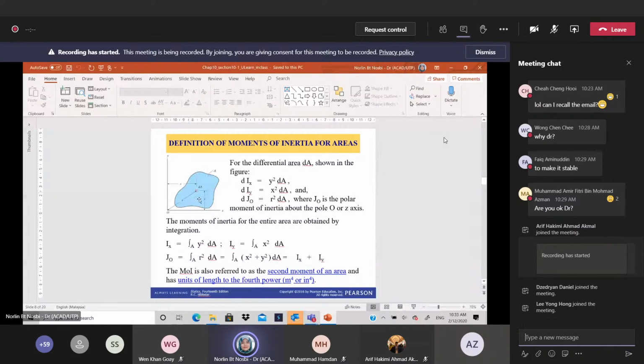You will get r squared, so the moment of inertia for the z-axis also equals Ix plus Iy. Don't forget the unit for moment of inertia is meter to the power 4 or inch to the power 4.